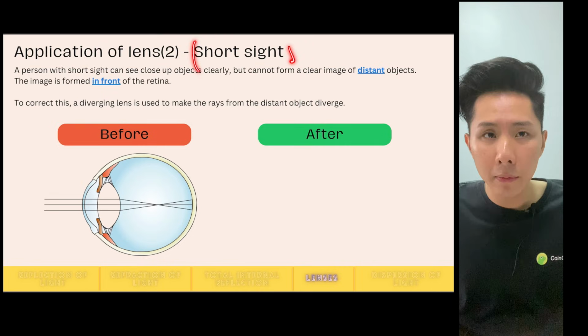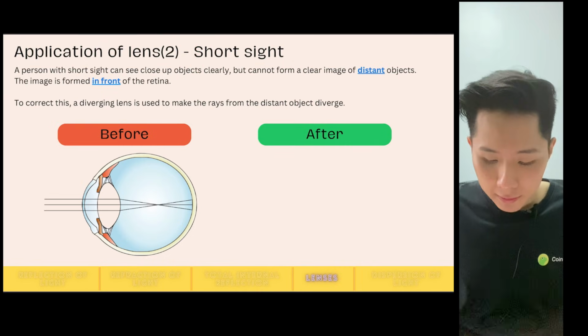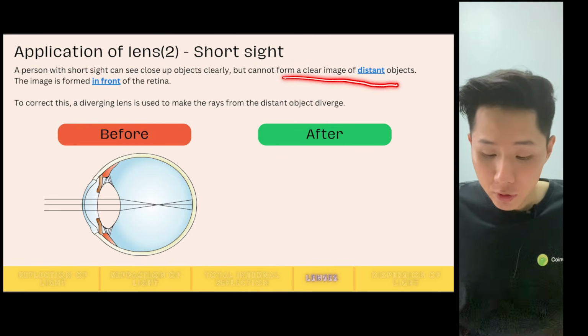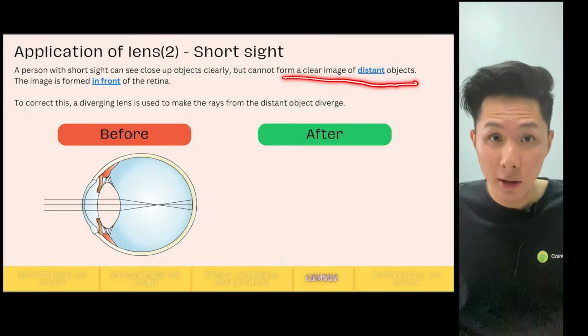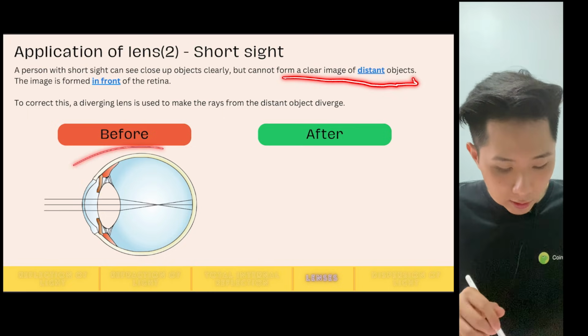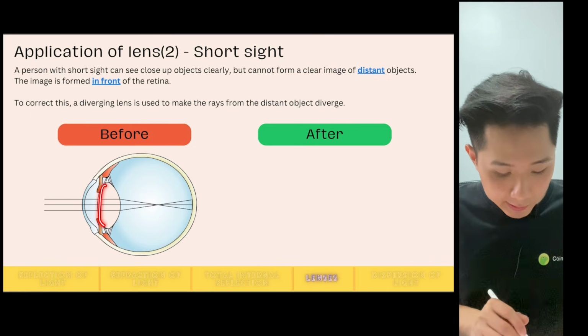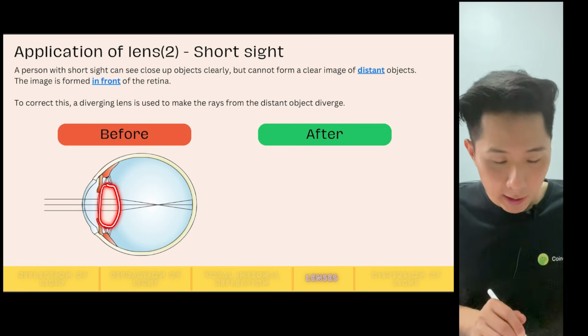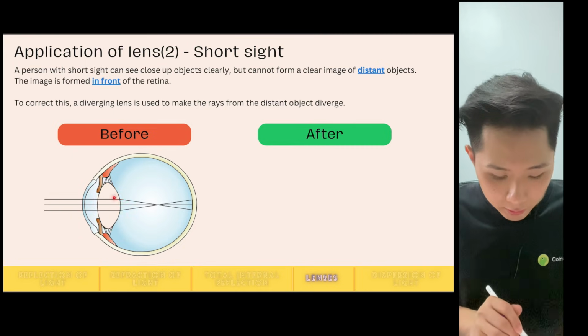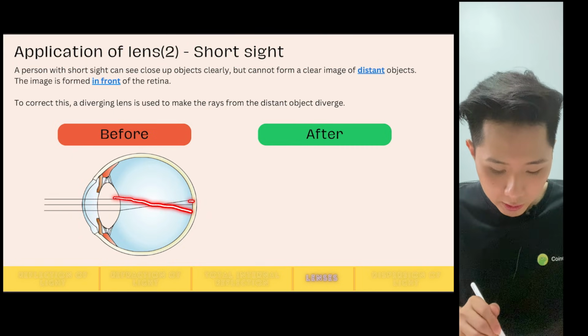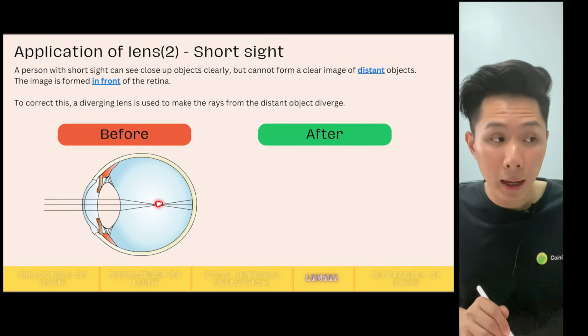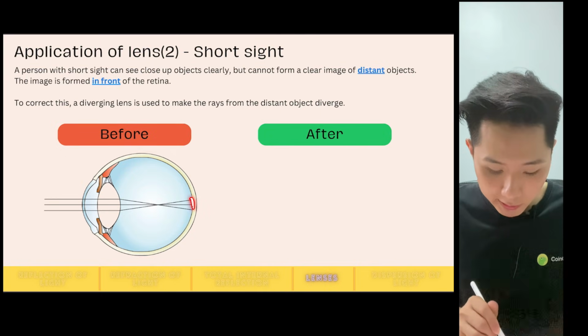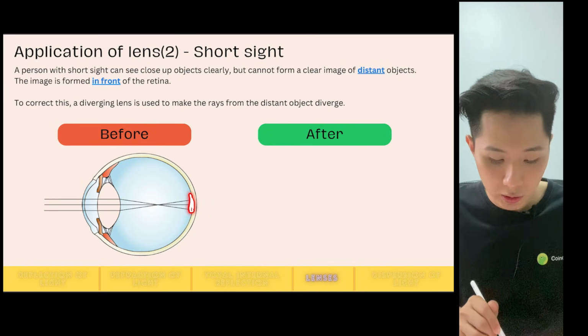The first problem we have is short sight, meaning they cannot see distant objects. People with short sight cannot see a clear image of distant objects. And here's the reasoning. It's because the converging lens of that person is not strong enough to converge all the light onto the retina. In fact, they only converge it here. This is why people sometimes only see a blurry image, because the light isn't really converging.